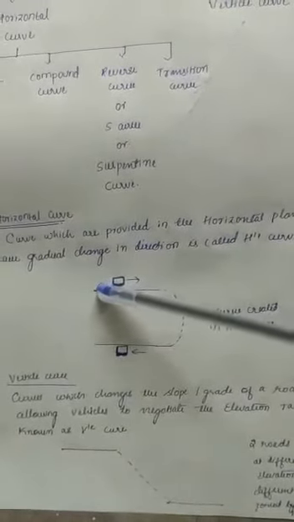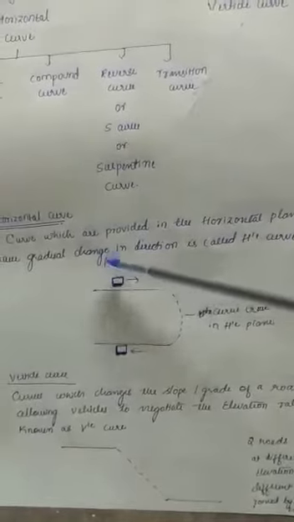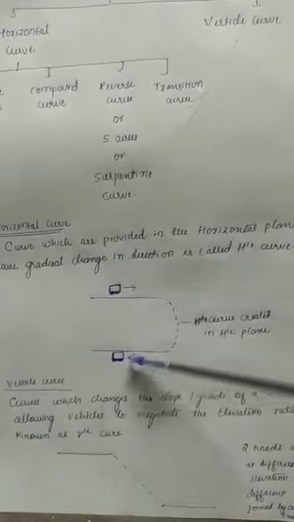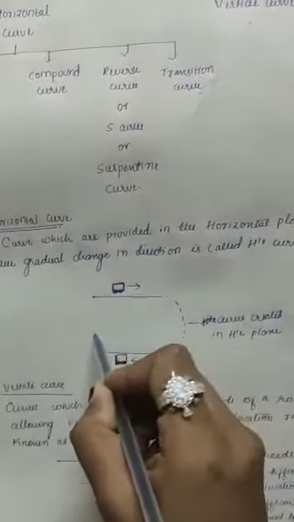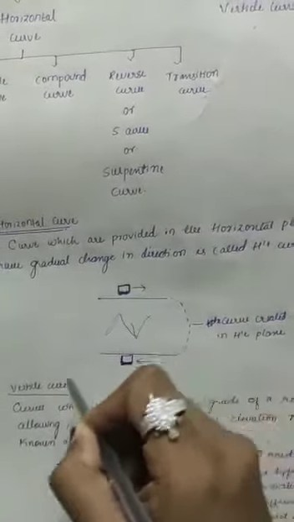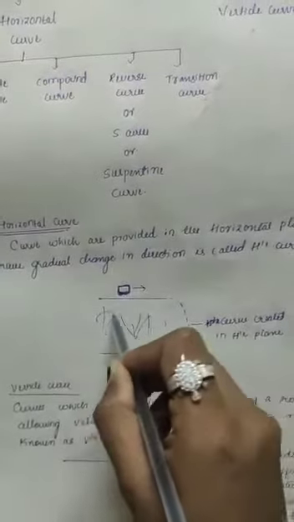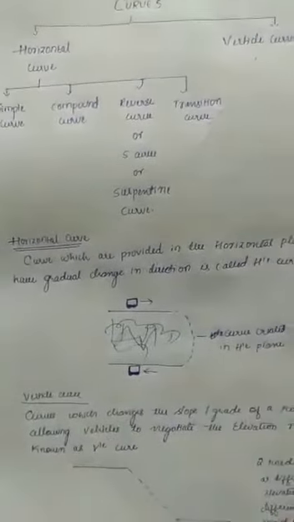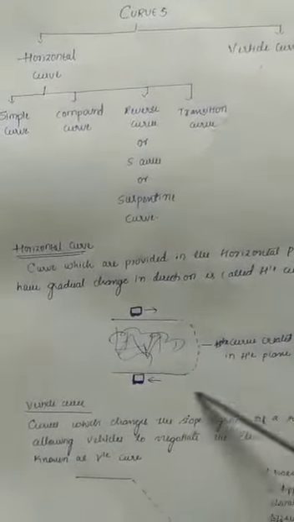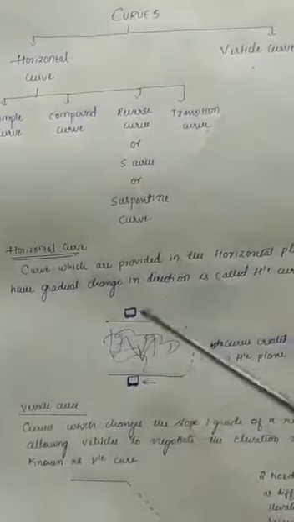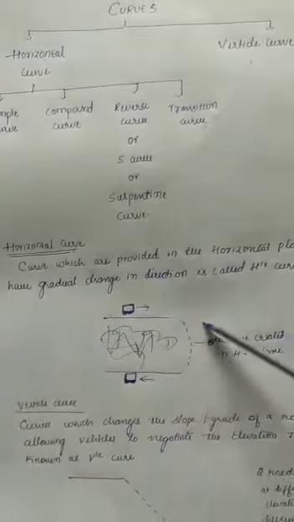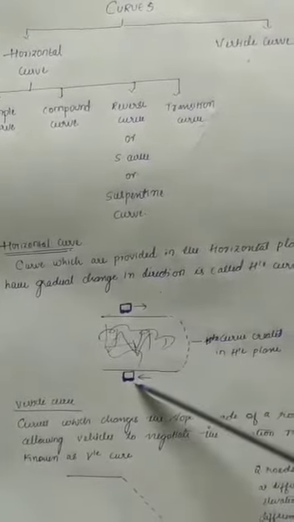If this vehicle wants to move from this pathway to another pathway, here there are hills, valleys or some obstruction present. These are the hilly areas where this is a pathway and this is one more pathway, and the vehicle should travel from this pathway to this pathway.